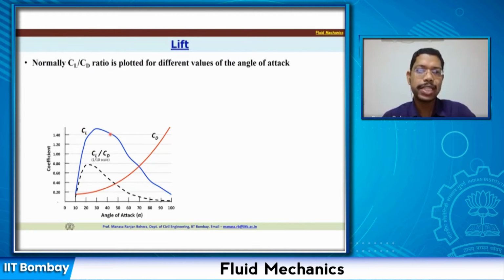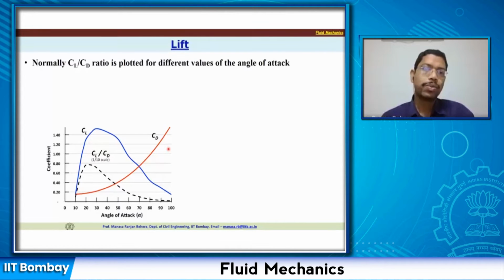Lift coefficient is similar to drag coefficient: the lift force FL equals half CL multiplied by rho A V squared. It is similar to what we calculated for drag force, FD equals CD into half rho A V squared, and here FL equals CL into half rho A V squared. Okay, that's per unit width.